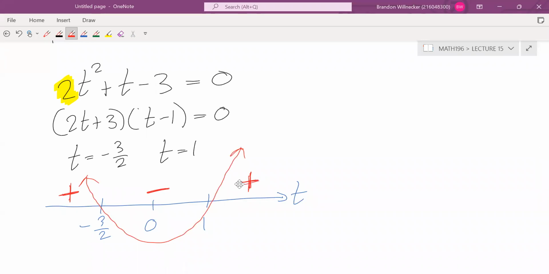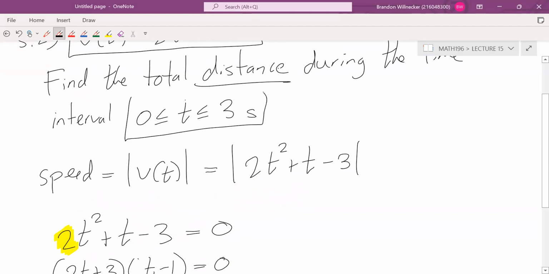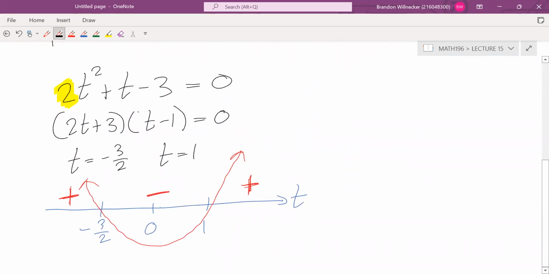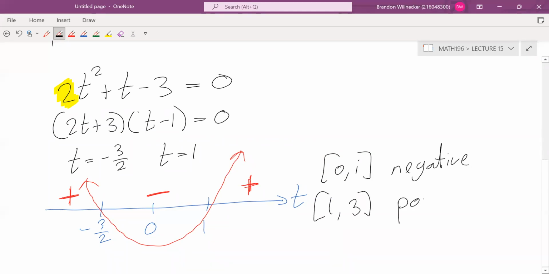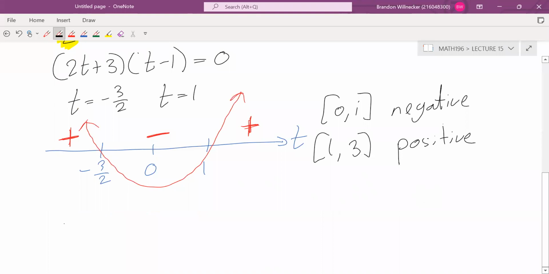Okay, so now we know where the velocity is negative and where it's positive. So if we go back to here, we're interested in this interval over here. So from 0 to 1, it's negative. And from 1 to 3, it's positive. Okay, so now we can write out what the absolute value is going to be.